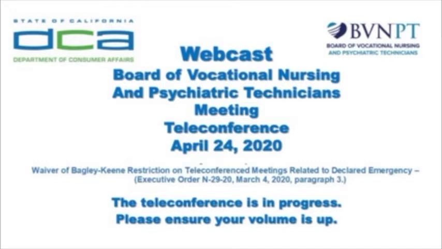So the form of the motion for the first one would be that I move to accept and adopt the revised regulatory language of Section 2521 of Title 16 of the California Code of Regulations relating to substantial relationship criteria for vocational nurses, and to submit the revised regulatory text to the Office of Administrative Law.